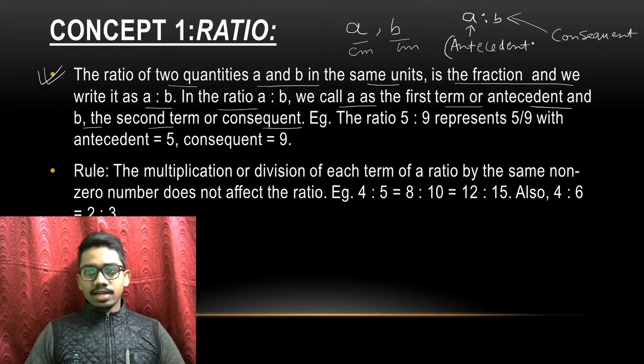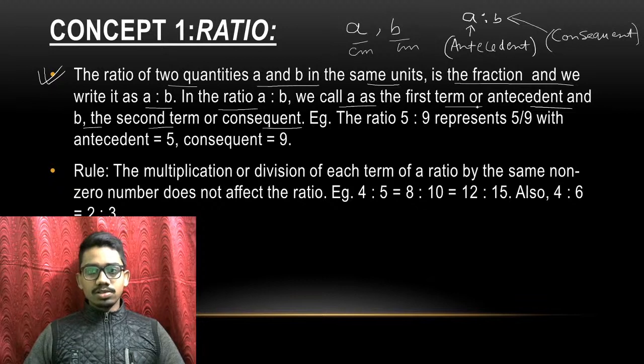Clear? So antecedent and consequent, two things are there in ratio. The first portion is called antecedent and the second one is called consequent. Clear? And the ratio 5:9 represents 5/9 with antecedent 5 and consequent 9. So the first part is antecedent and second part is consequent. I hope this thing is clear.